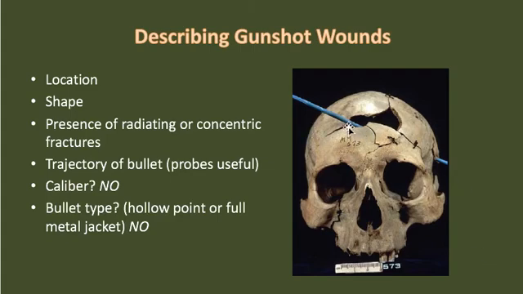We have a keyhole entry here, and then you can see where the trajectory of the bullet passed. We cannot talk about the caliber, so a forensic anthropologist is not capable of definitively giving a caliber or bullet type information. That's kind of out of your realm of expertise and not terribly predictable.